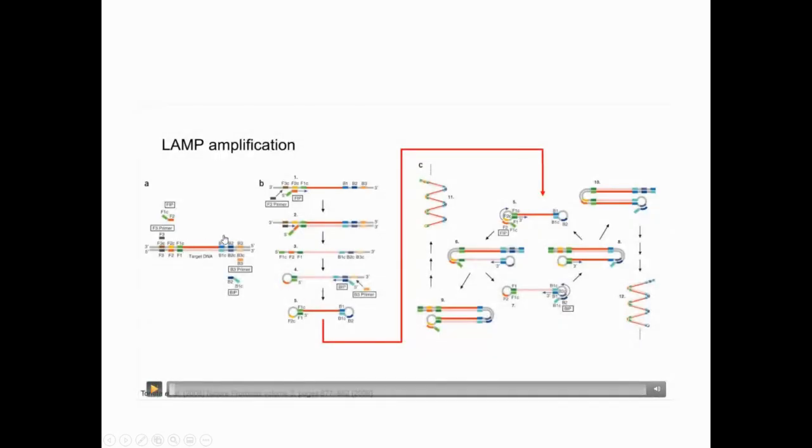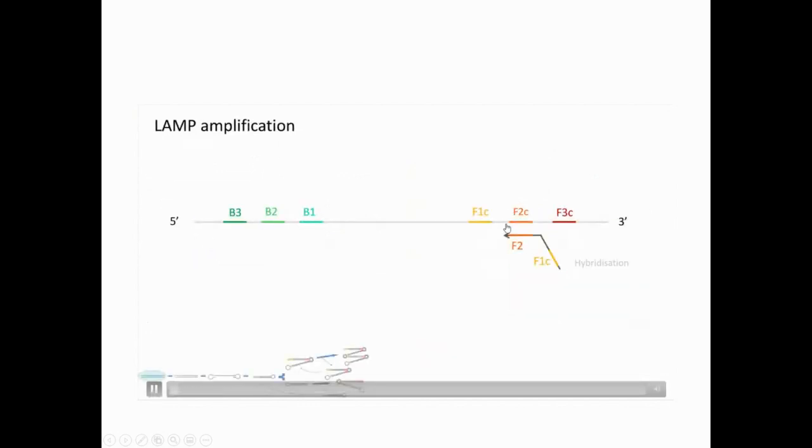So this is the template, right? Template, and then we have these 3 regions, the target region, and then you can design the 4 primers and begin with the inner primer here, all right? The inner primer, hybridization, then elongation, then the strand displacement, another primer comes in.